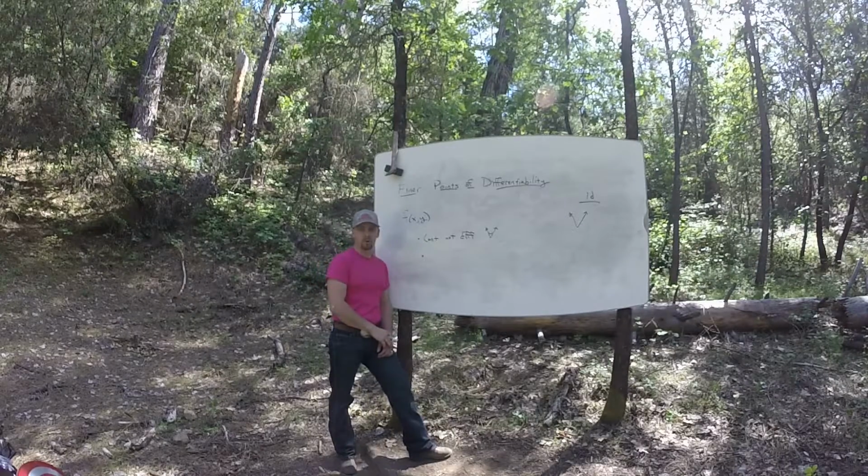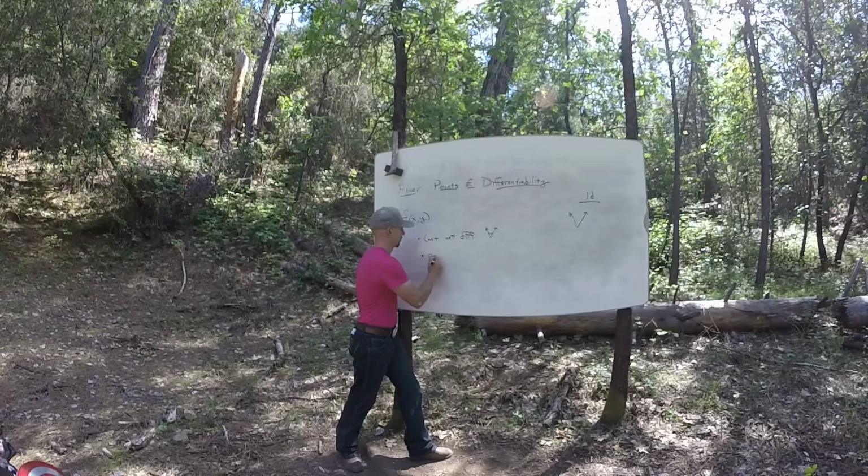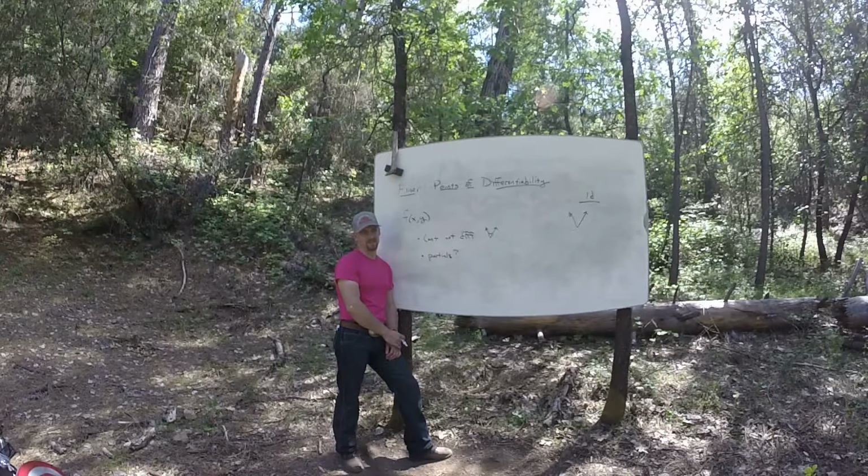What if the partials were to exist, for instance? So if I could take both fx and fy, would that be enough? You also need fxx and fyy.